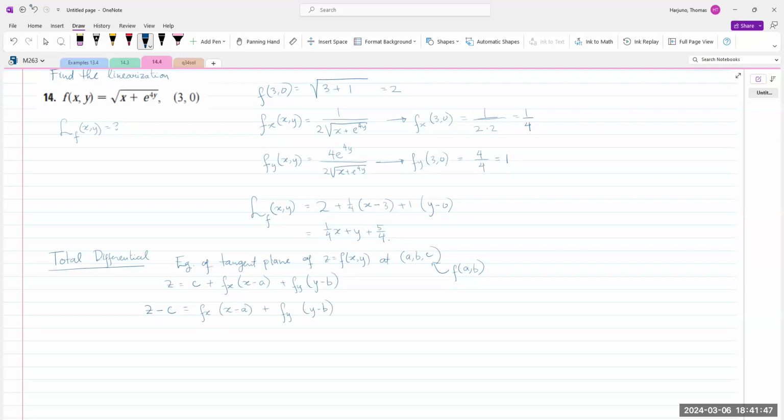Okay, now suppose we replace x minus a as the difference in the x direction, y minus b as the difference in the y direction, and therefore z minus c is the difference in the z direction, we get dz, which is the total differential, equals partial with respect to x times dx plus partial with respect to y times dy.